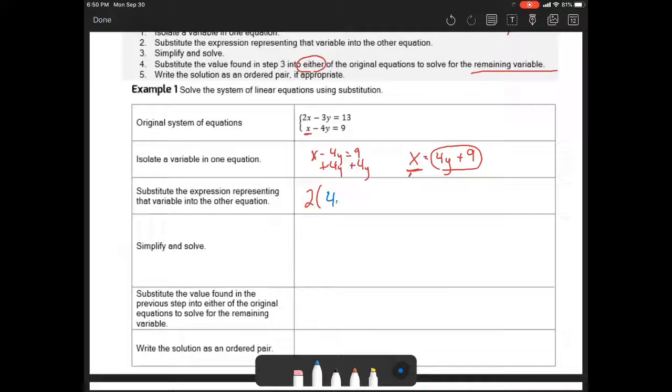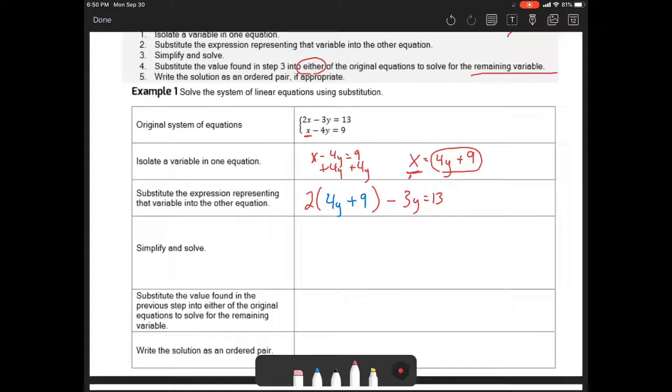So I get 2 times, I'm going to put it in blue so y'all can see the difference, 4y plus 9, minus 3y equals 13. From here, I can simplify and solve. The first thing I'm going to do is distribute. That should get me 8y plus 18 minus 3y equals 13. Then I'm just going to combine like terms.